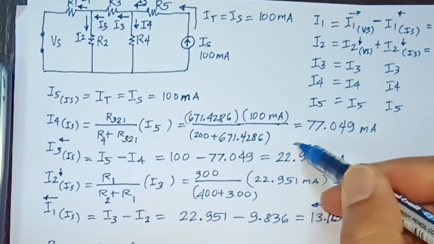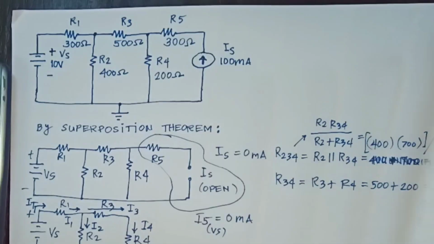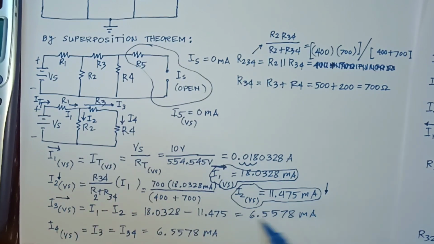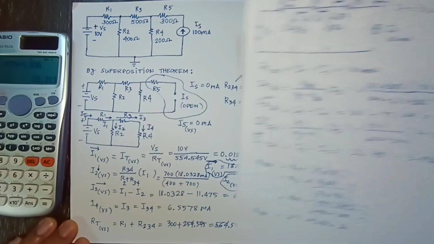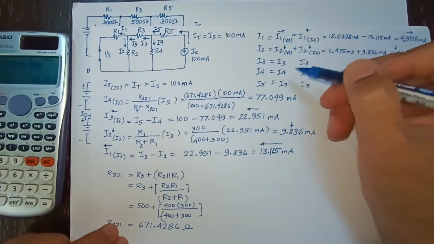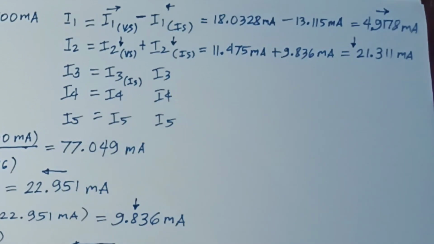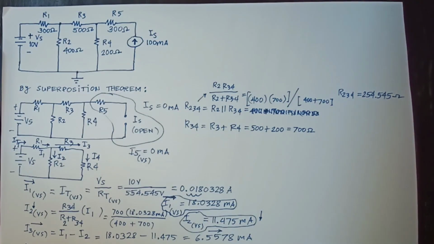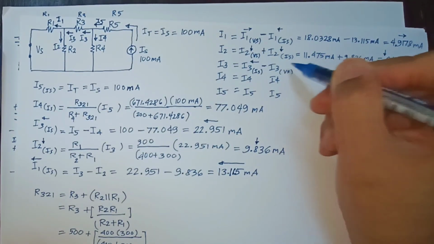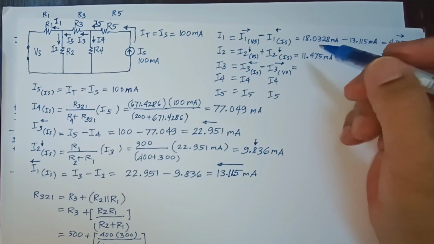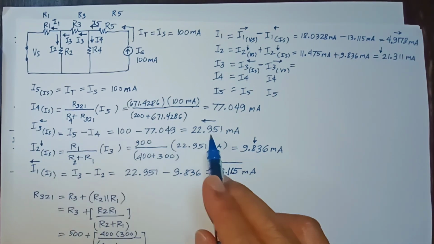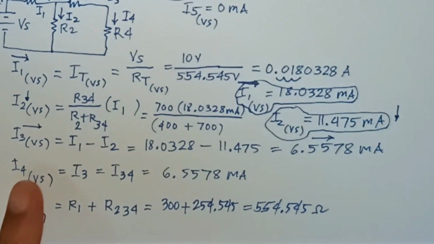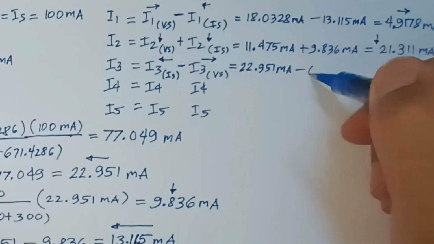And then we have I3 with respect to IS. Let's see the direction. It's going to the left with a value of 22.951, and the other I3 is going to the right, but it has a lesser value of 6.5578. Therefore, the lesser value will be subtracted from the bigger value. So I3 going to the left minus the I3 going to the right with respect to VS. And of course, the direction of the bigger value current will be followed in the final answer.